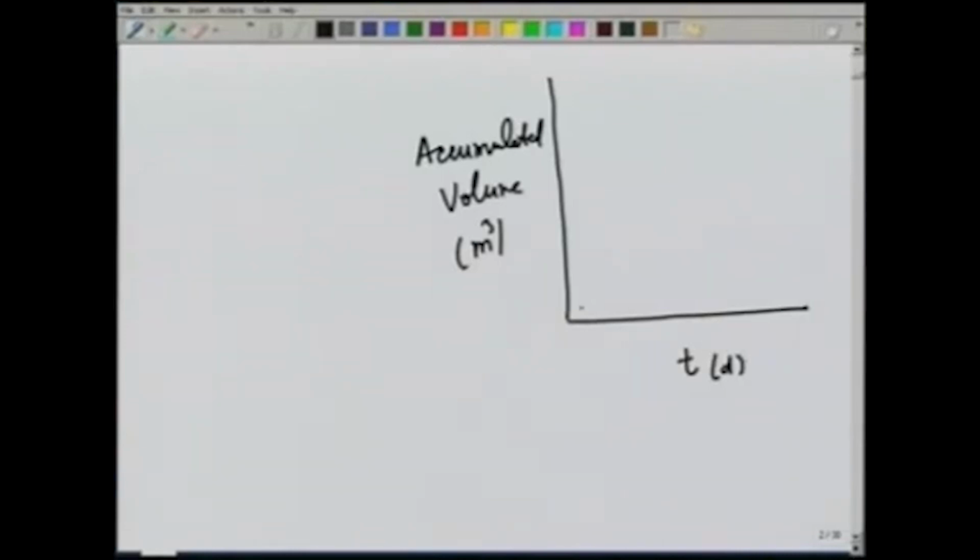Now, the mass curve, as we have seen earlier, looks like this. When the volume is increasing at a very fast rate, this means the discharge in the stream is high, and then we have these dry periods where the mass is increasing at a very slow rate, indicating that the discharge is very small.